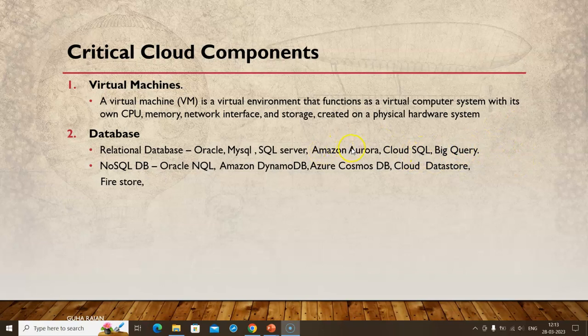So Oracle is well known, so if you want to learn the Oracle database, then it is better to go for Oracle Cloud Infrastructure. Interestingly, they provide the Oracle database itself for free. We will see that.